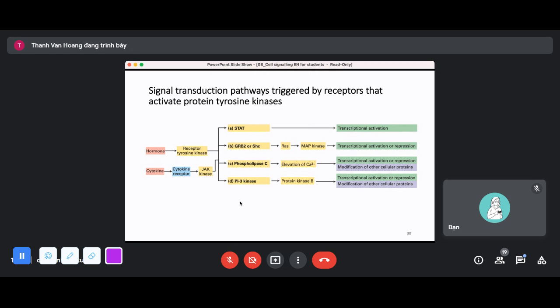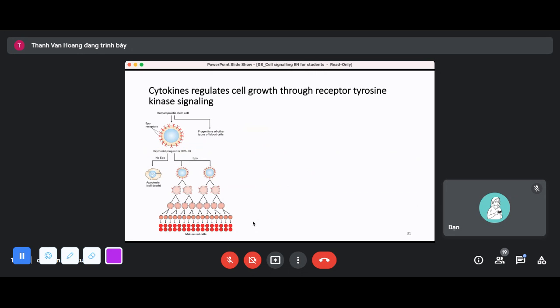So first, the first system is cytokines, which activate the JAK and STAT kinase, the JAK-STAT signaling pathway. So we talk about the immune cells. We talk about hematopoietic stem cells today, and we also know that in the blood system we have 3 major lineages of cells.